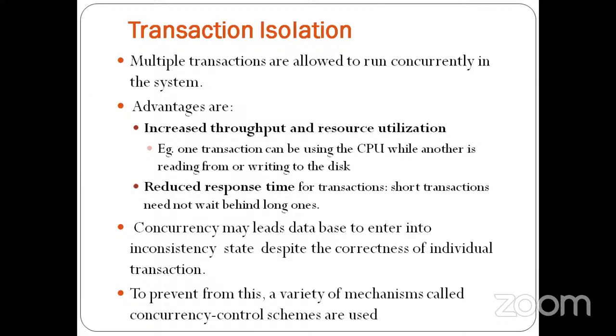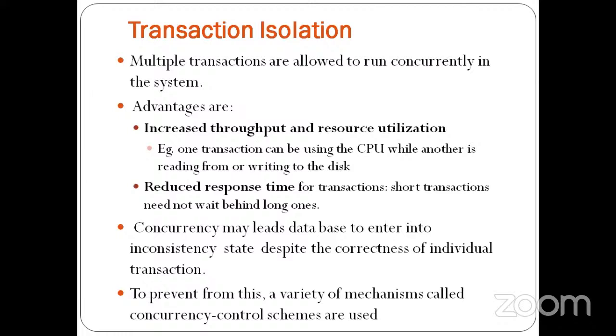Concurrency may lead the database into an inconsistent state. So whenever problems in transaction isolation occur, concurrency will lead to an inconsistent state, and correctness will not be maintained for each individual transaction. To prevent this, we use a mechanism called concurrency control schemes.